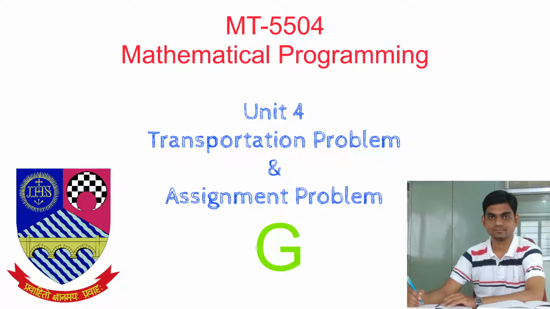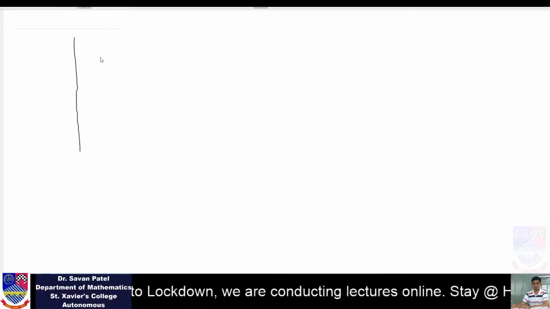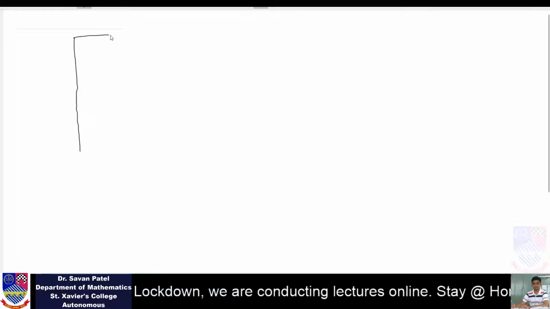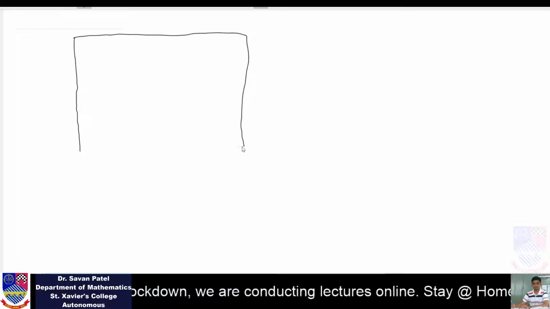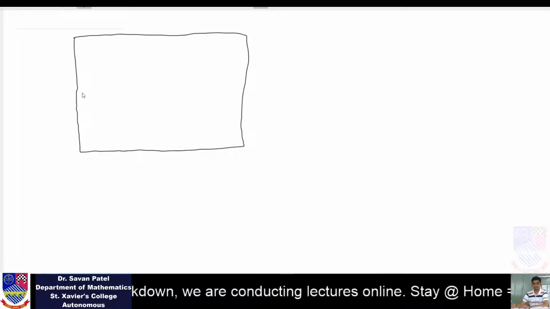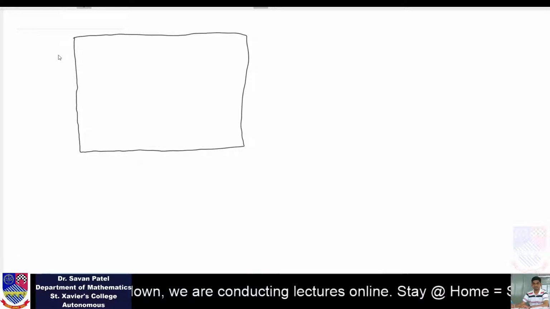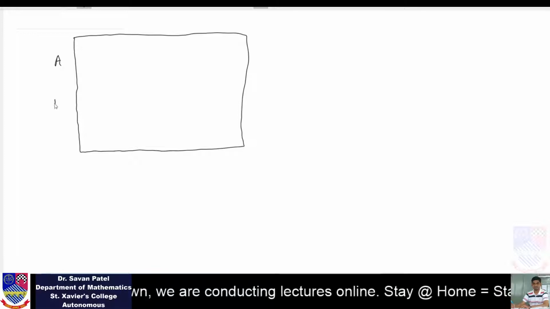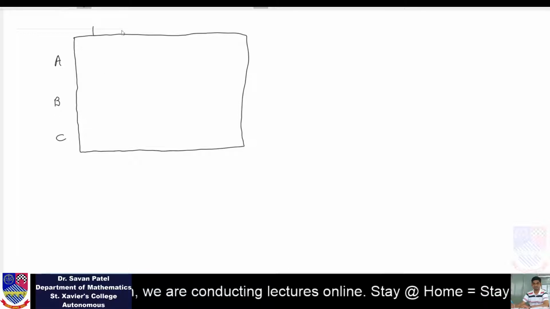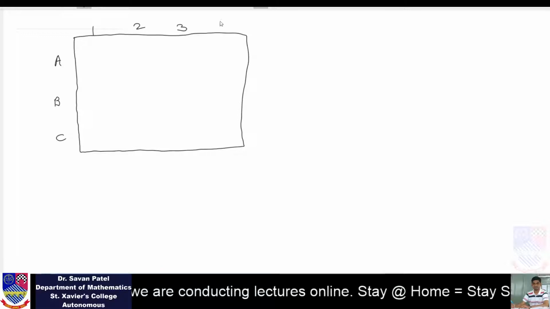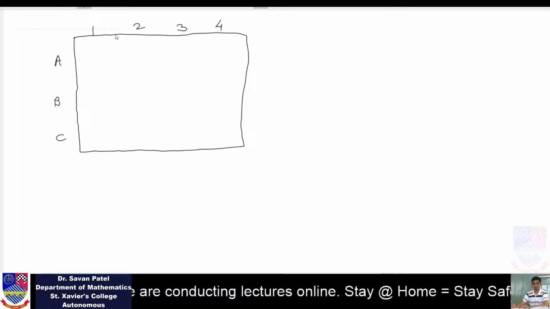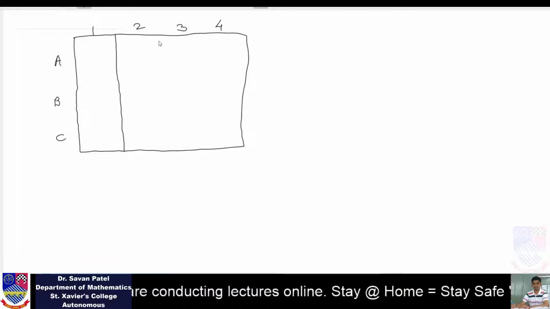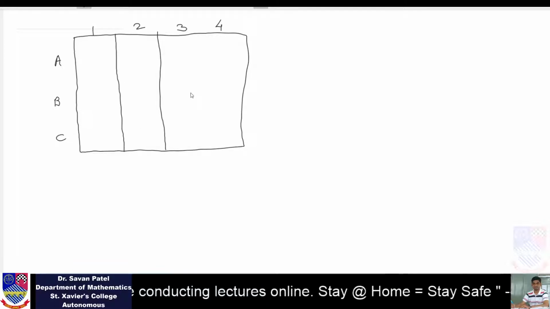Okay, so I am starting with the problem. Let our problem be as this. Our sources are, as usual, A, B, and C, and I am giving 1, 2, 3, and 4 as destinations. The transportation cost table I am writing here.